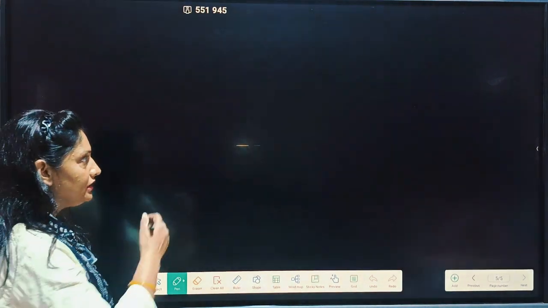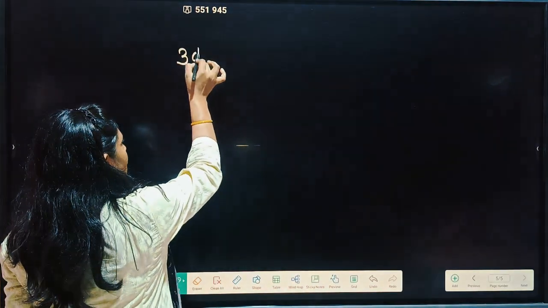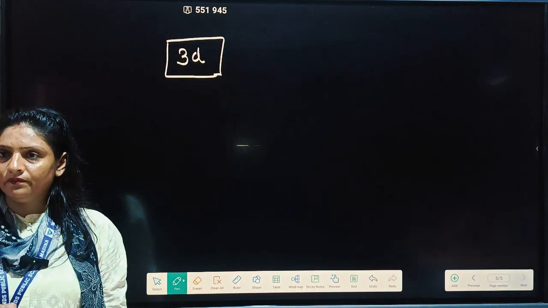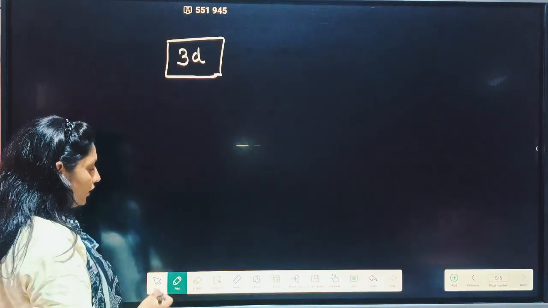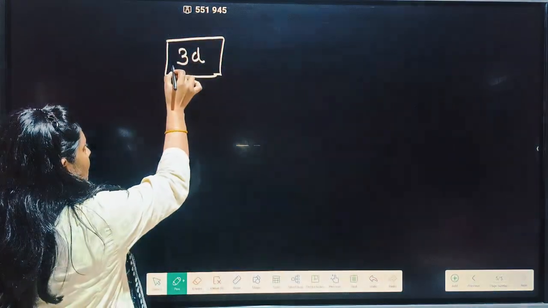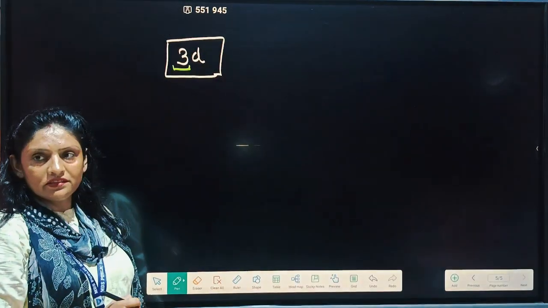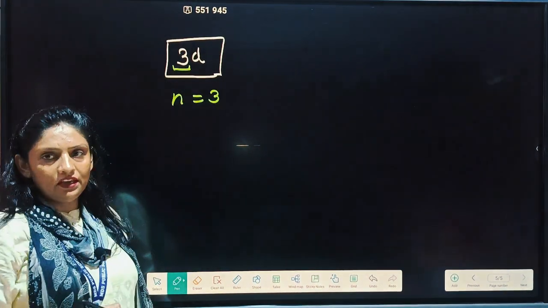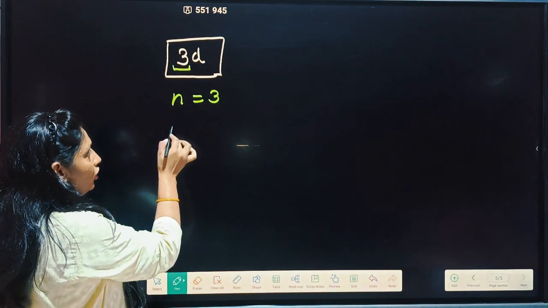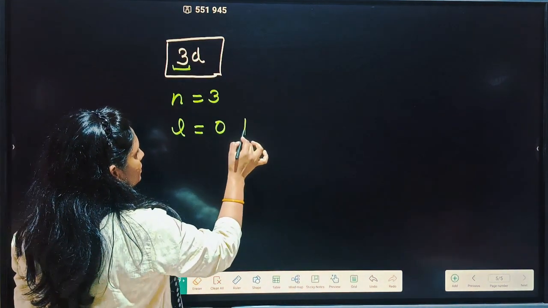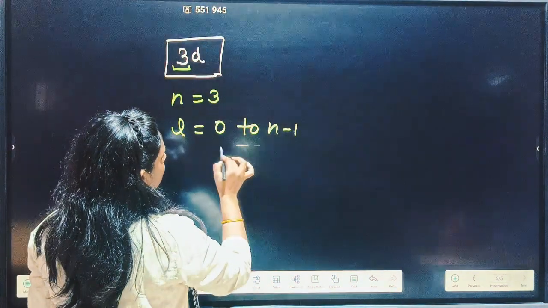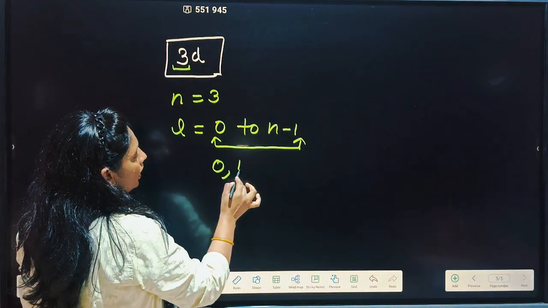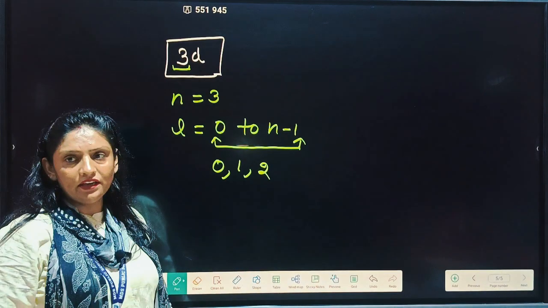Like students, if we have 3d, tell me about all quantum numbers for the 3d orbital. Here, this one is n, so n is 3. The value of l you know very well: it may exist from 0 to n minus 1, meaning it may be 0, 1 and 2.